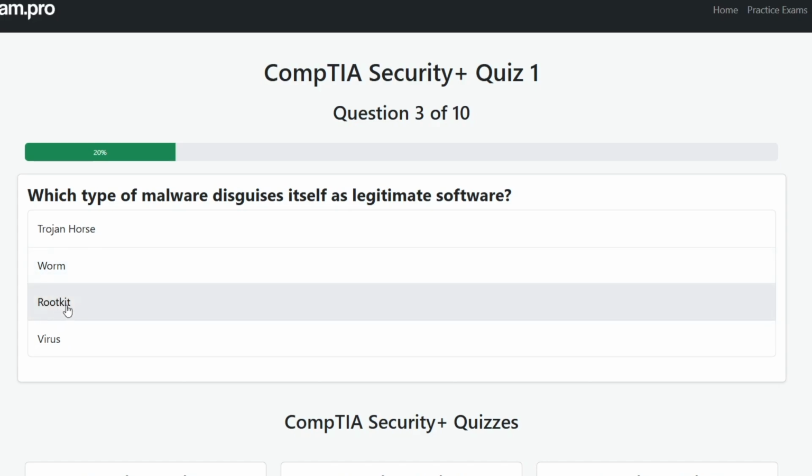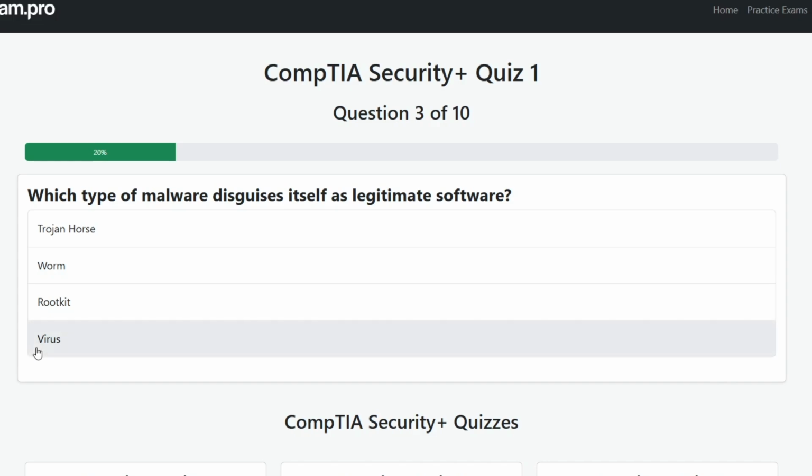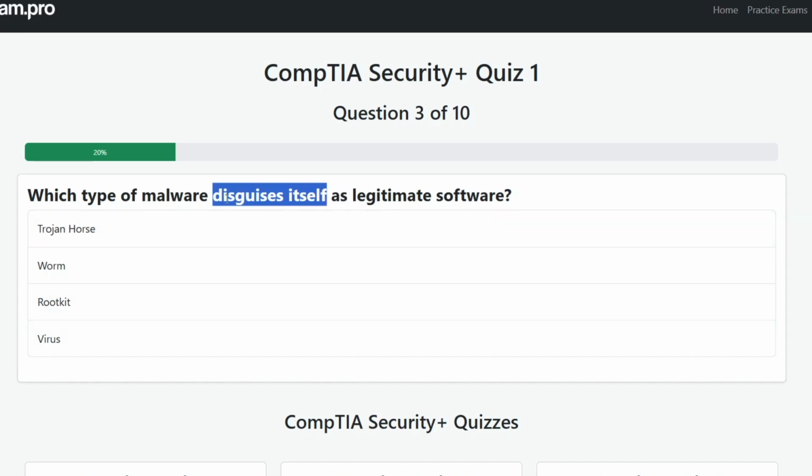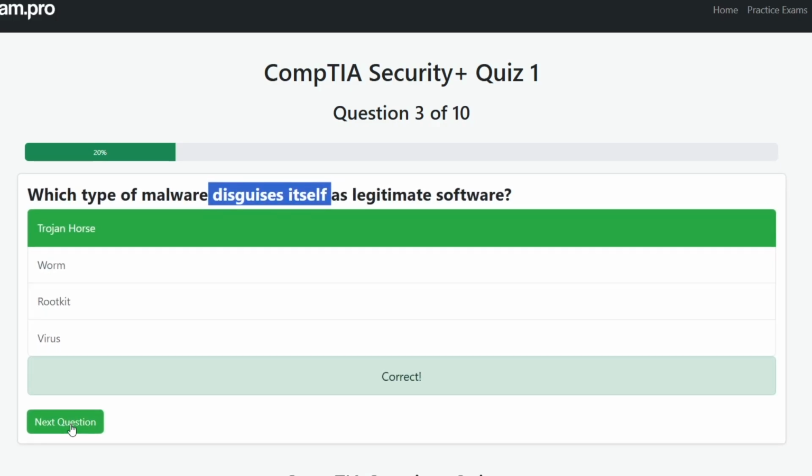A rootkit hides its presence on a system to maintain unauthorized access. So that's usually getting root privilege. And a Trojan horse can fit under a virus. The word virus would be, in my opinion, too broad, as Trojan horse directly correlates with disguising itself. So the correct answer would be Trojan horse.